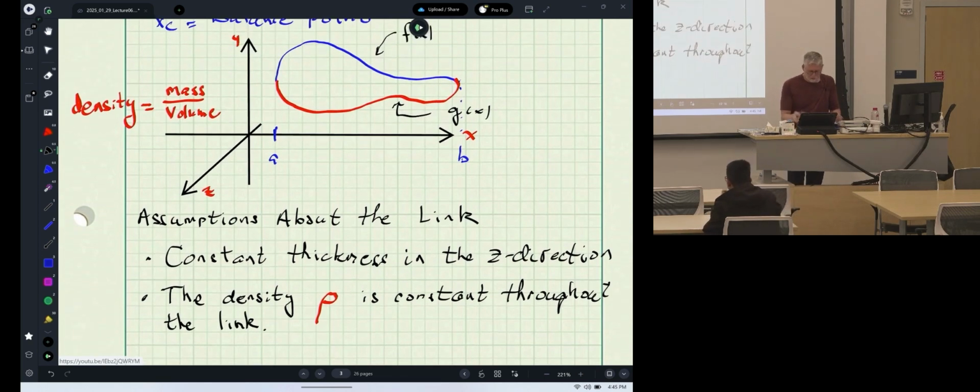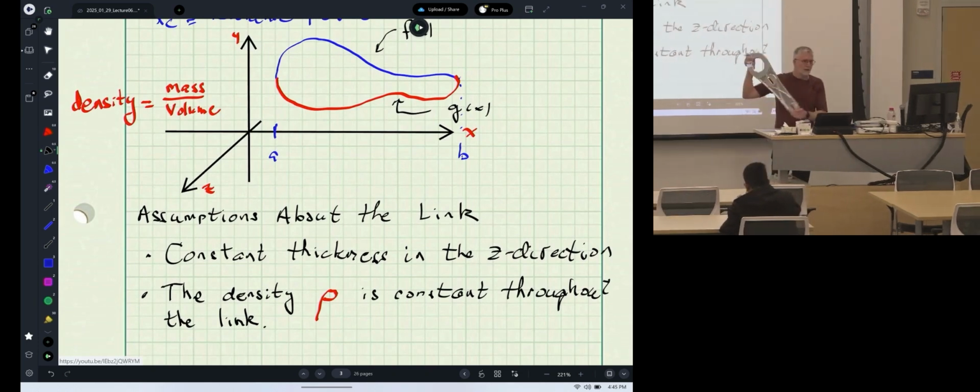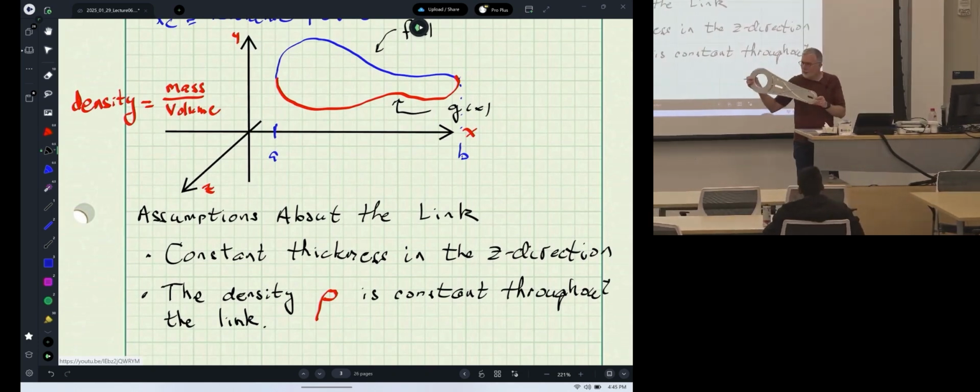On this little toy, it's not exactly constant, okay? And so you should do a more complicated model of how the density is varying in X and Y. Because this is not a course in mechanics, we're going to keep the simplified assumptions, but when you take a more advanced course, you can learn how to do that.